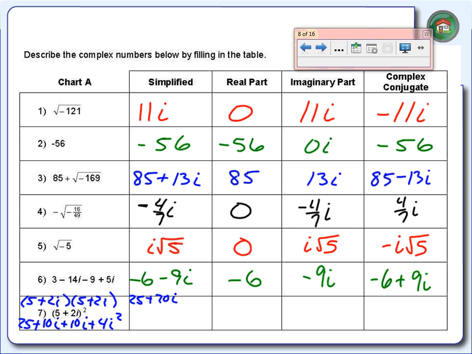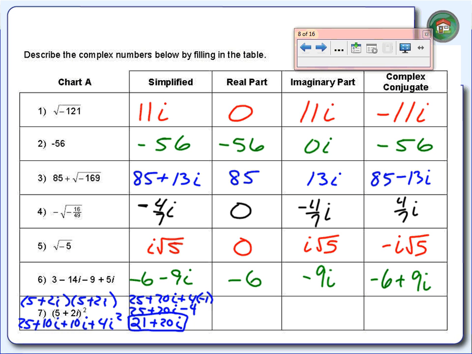You'll notice that we also have an i squared. And that i squared is a what? It's a negative 1. Which means that 4 times a negative 1 is a negative 4. Which means we can do one last thing here, and that's to combine the like terms. 25 minus 4 is a 21. So we finally end up with our complex number, and that complex number is going to be 21 plus 20i.